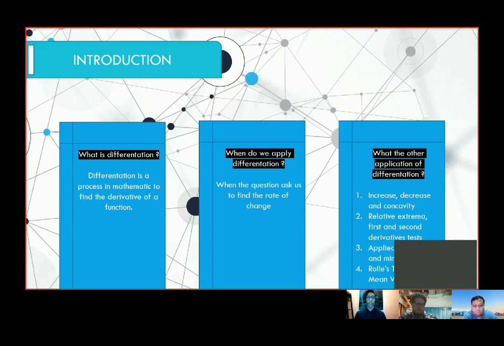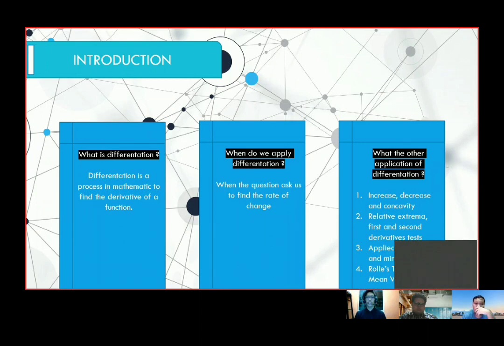So when do we apply differentiation? We need to refer to the question first. Basically, we use differentiation when the question asks us to find the rate of change or the derivative of a function.